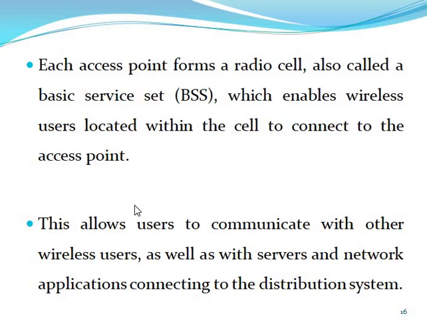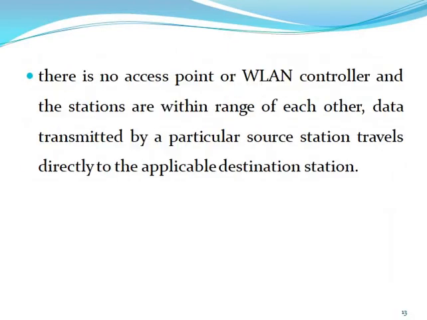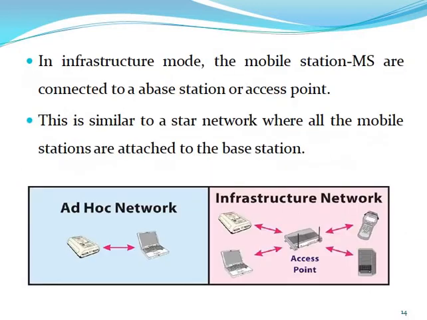This is also important. Users can connect directly to other wireless users, with easy access to servers, and they communicate and share information or share the network or services for the particular system. So this is the ad hoc versus infrastructure network.